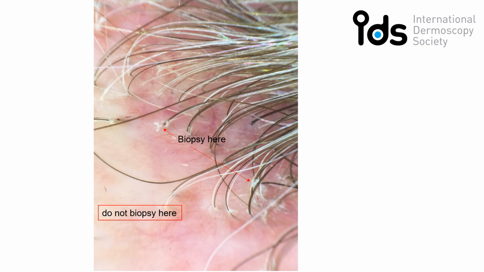Use your dermatoscope and, as you see here, try to biopsy hairs that show features of inflammation, the peripilar casts. Usually these hairs are at the edge of the patch, but not always. That's why the better approach is to use the dermatoscope. Do not biopsy areas that just show the scarring because the pathologist will not be able to give you more information.